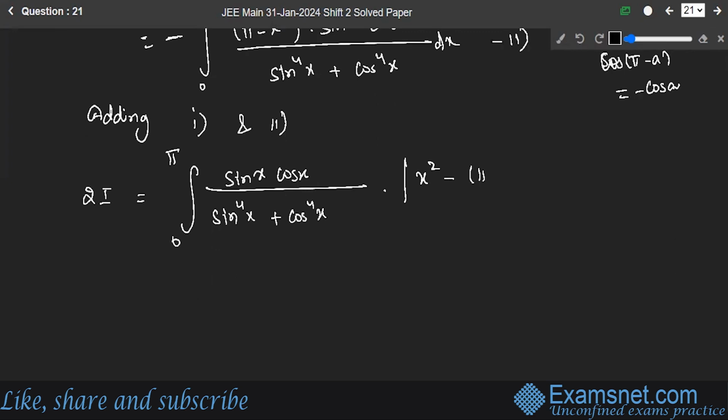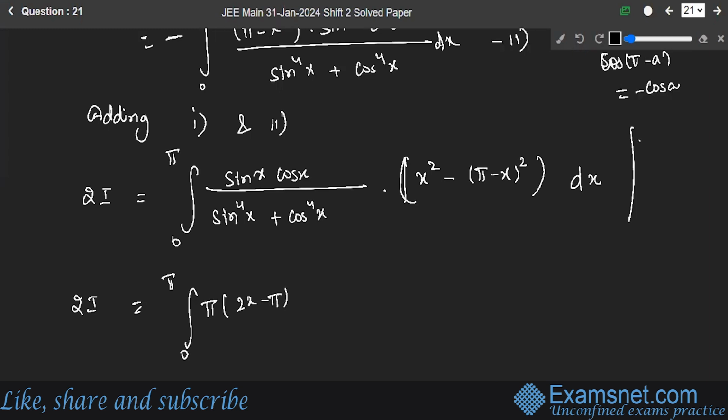Minus pi minus x square dx. So this 2I is equal to 0 to pi. If I open this one, you will have a pi, I'll take common, 2x minus pi. See, x square minus pi square minus x square plus 2 pi x. This will cancel, so I have taken pi common, and the rest, let it be.